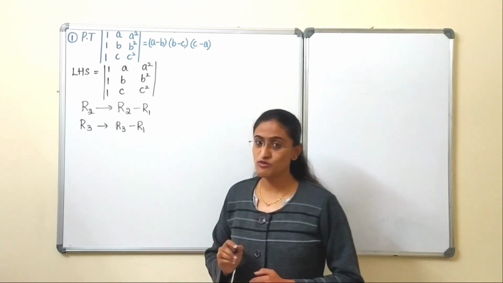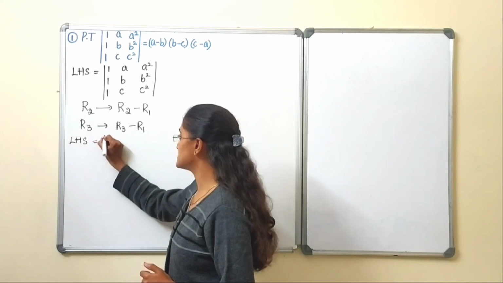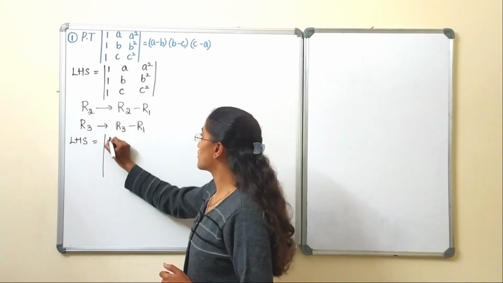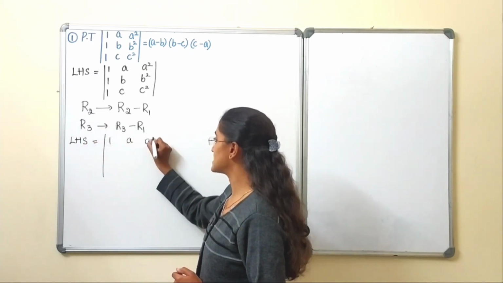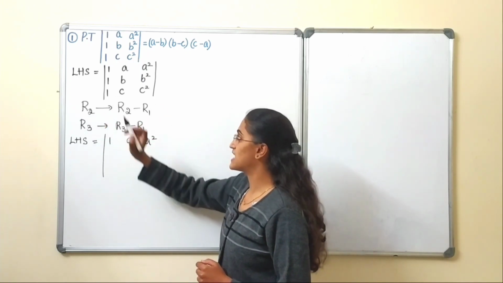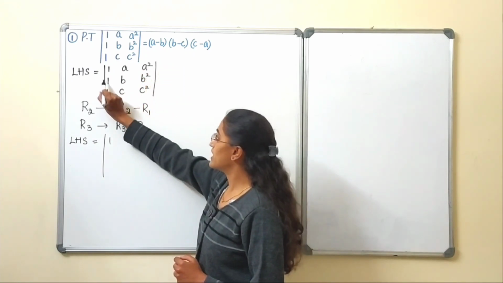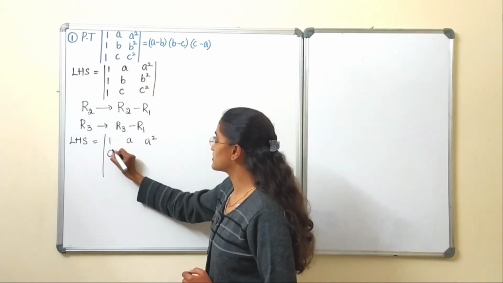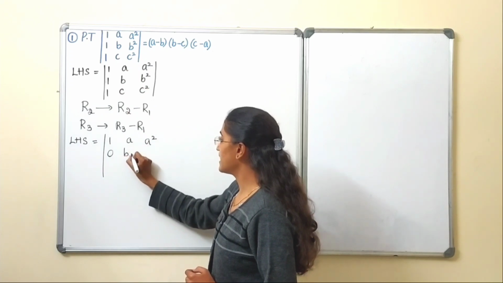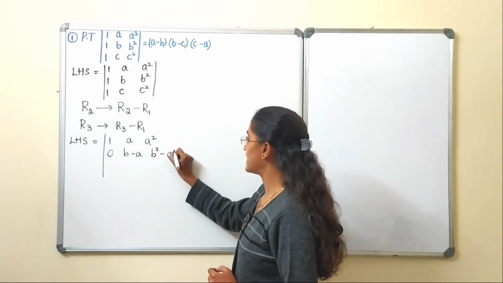Using this operation, we now get the changed determinant. The first row you are not changing, and hence it remains as it is. The second row is changing as R2 minus R1. Go on subtracting the corresponding elements: 1 minus 1, 0, b minus a, and the third element b square minus a square.